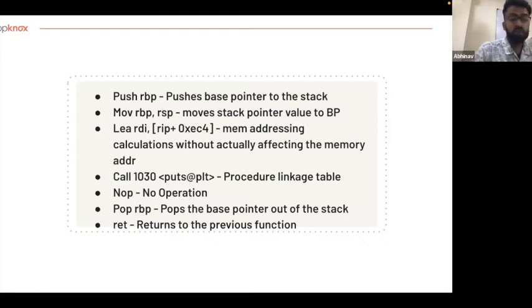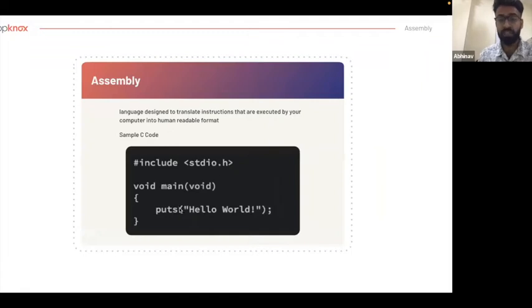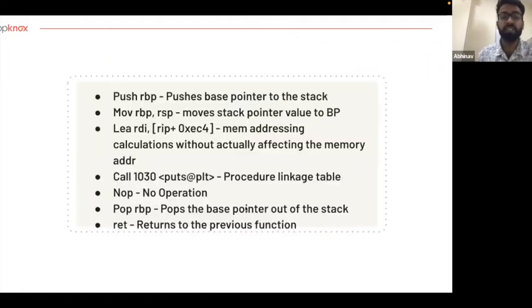So when puts is called, it checks the content of RDI and it prints that content out. So by loading our string value, which is hello world, which can be found in this memory location, instruction pointer plus 0xEC4, by loading that value into RDI and then calling puts, it is essentially printing the string that we had written in C.